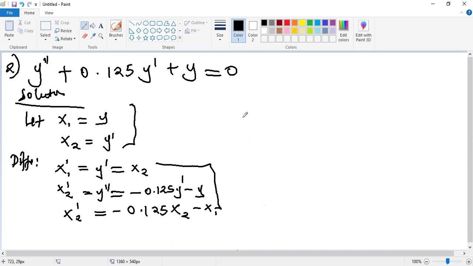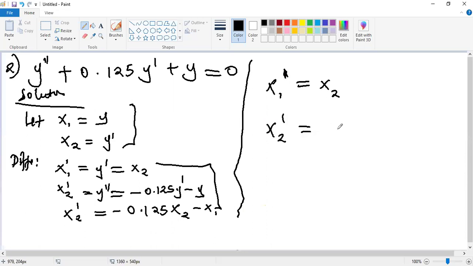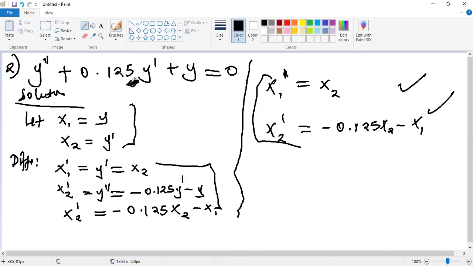Let me write them here as our final solution of the system of first order differential equations. x1 prime is equal to x2. And then we have x2 prime is equal to minus 0.125 x2 minus x1. And this is our system of first order differential equations that we get from converting this second order differential equation.